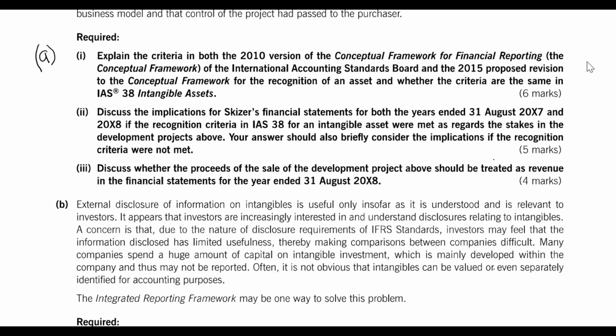The requirement of A Part 2 wants us to discuss the implication in respect to the financial statements if the recognition criteria were met for the intangible assets, for the stakes in the intangible assets, but we should also consider the implications if the recognition criteria were not met. So there's 2 things here that we are considering. We need to have a look at the information in the question relating to the stakes.